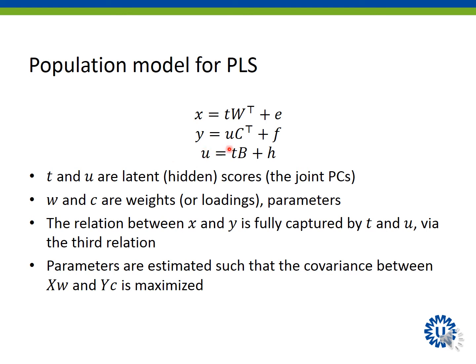So T and U fully explain the relation between X and Y. The parameters are estimated such that the covariance between XW and YC is maximized. So the parameters W and C, we can estimate them by maximizing the covariance between XW and YC, as we've seen before.